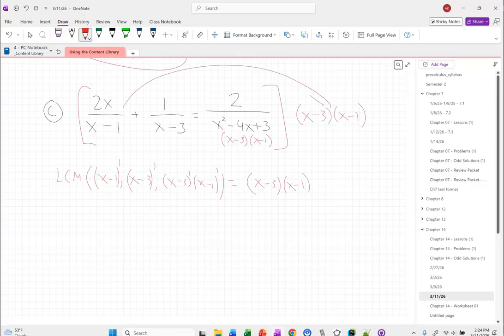So now I multiply this to each fraction.